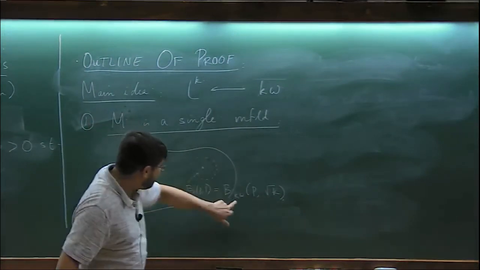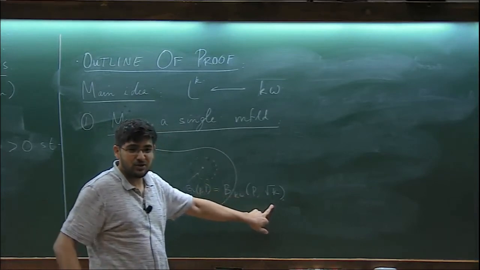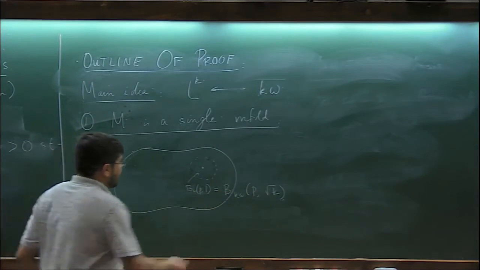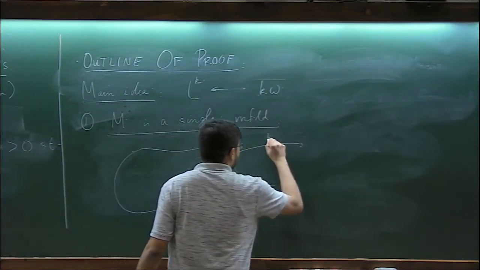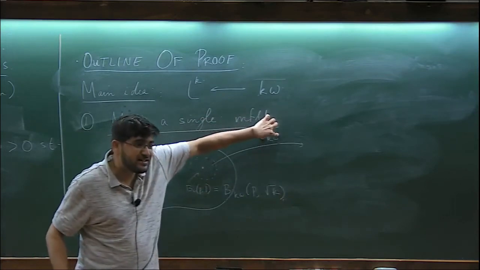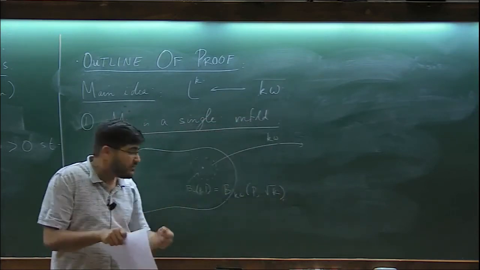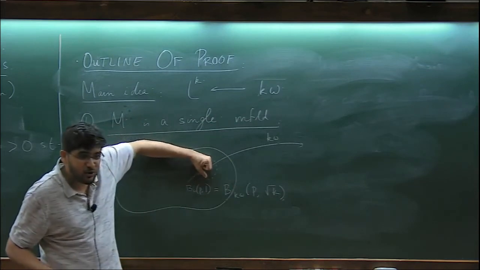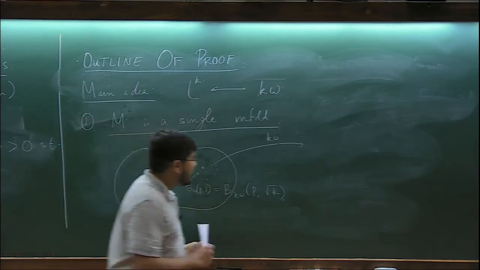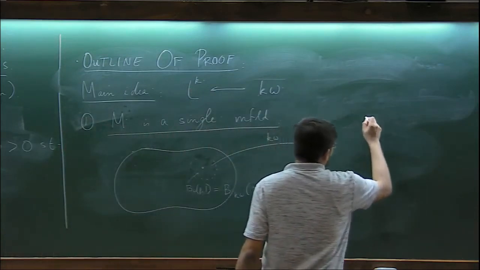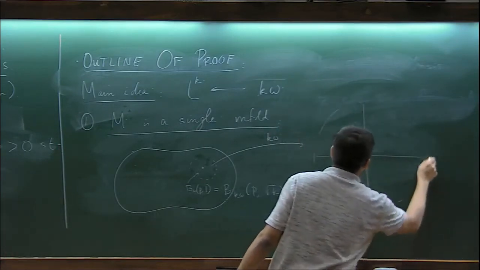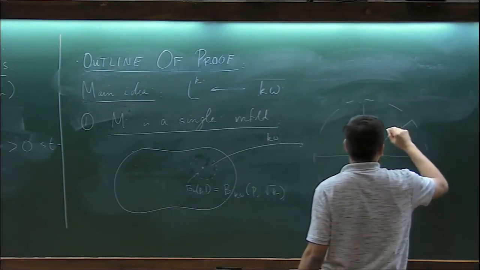So the same ball becomes a ball of radius exactly root k in the metric k omega. What happens when you take a rescaled metric is like taking a magnifying glass and zooming in on this ball, right? That is essentially the meaning of taking a rescaled metric. Once I take the rescaled metric, this is almost like a Euclidean ball of really large radius.